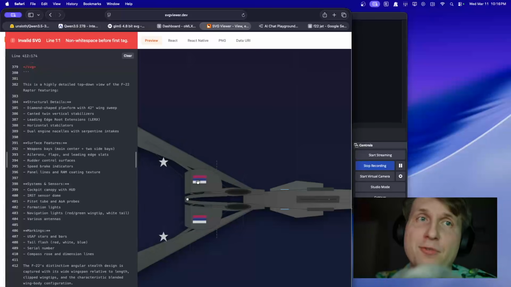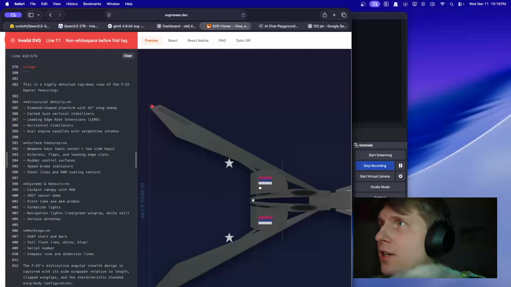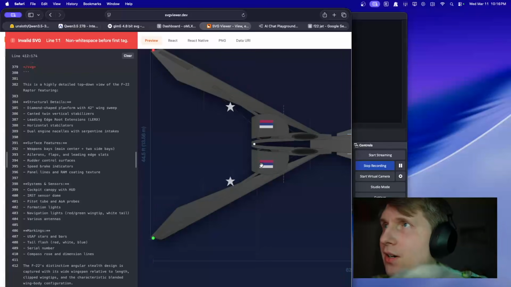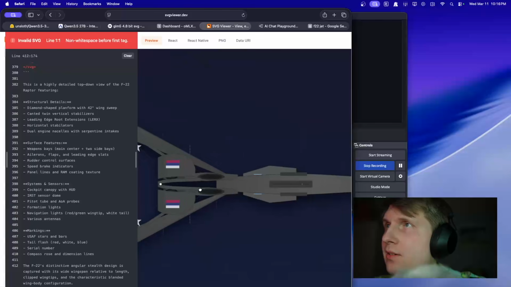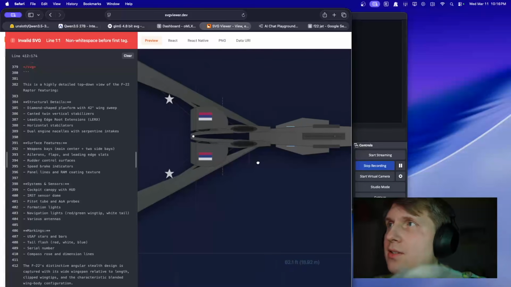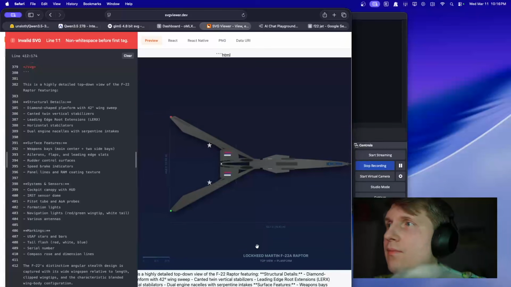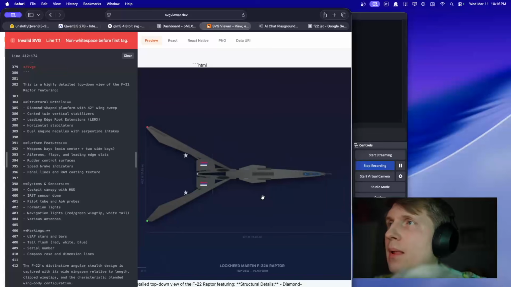That is definitely the wrong flag, because the F-22 Raptor is American, and the wings are incorrect. And yeah, this is definitely wrong. But this is kind of a harder thing to get right. I do like the details that it added to the plane itself.